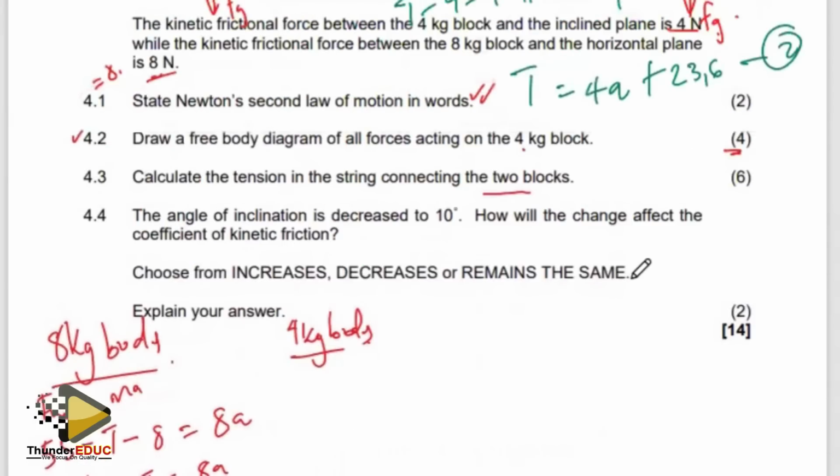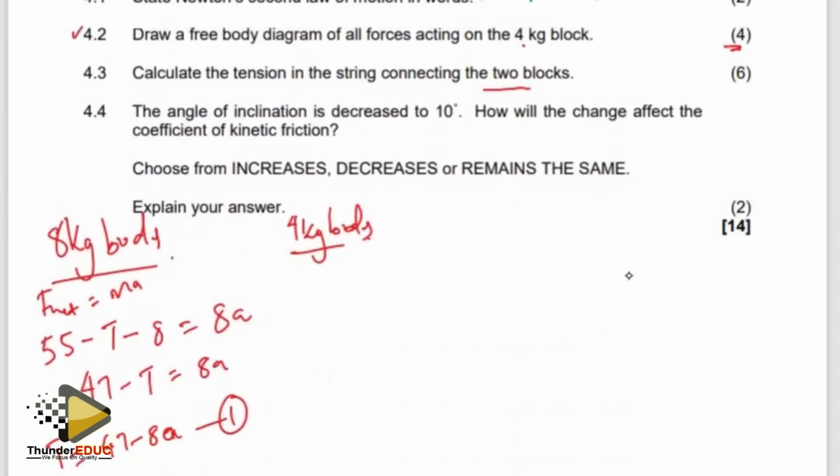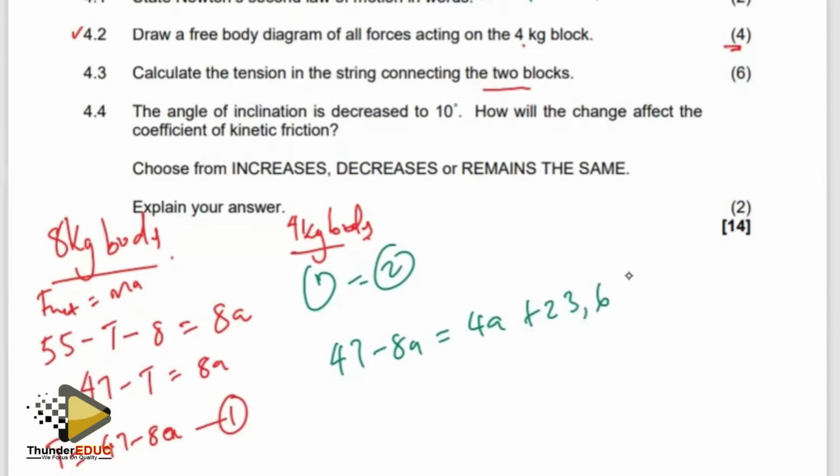Then I need to solve the 2 equations, okay, equation 1 and equation 2. So which means 47 minus 8a is equal to 4a plus 23,6. If I move this that side, I'll have 12a. What is 47 minus 23.6?